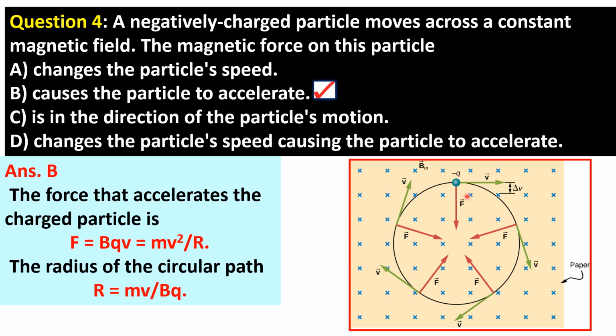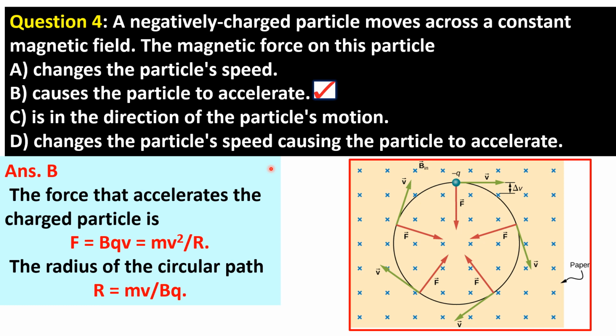The centripetal acceleration arises because of the net force brought about by the magnetic field. It is the magnetic field that's responsible for this centripetal force. By nature, it is an electromagnetic force.